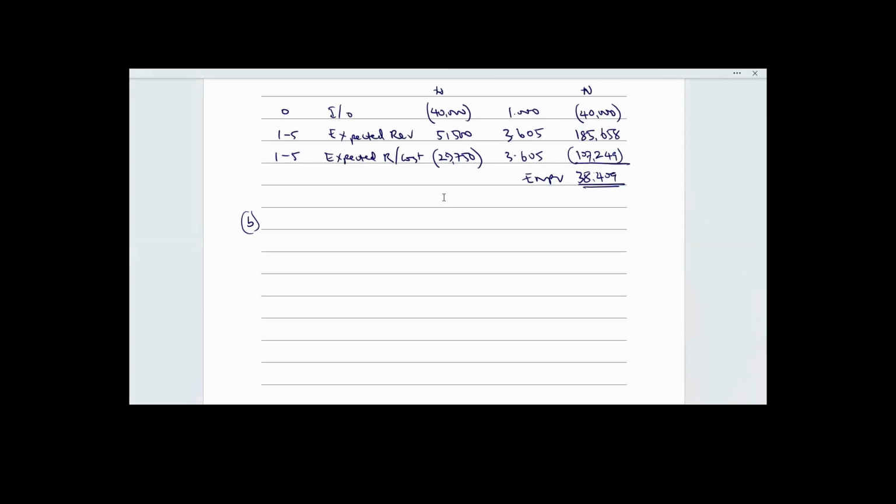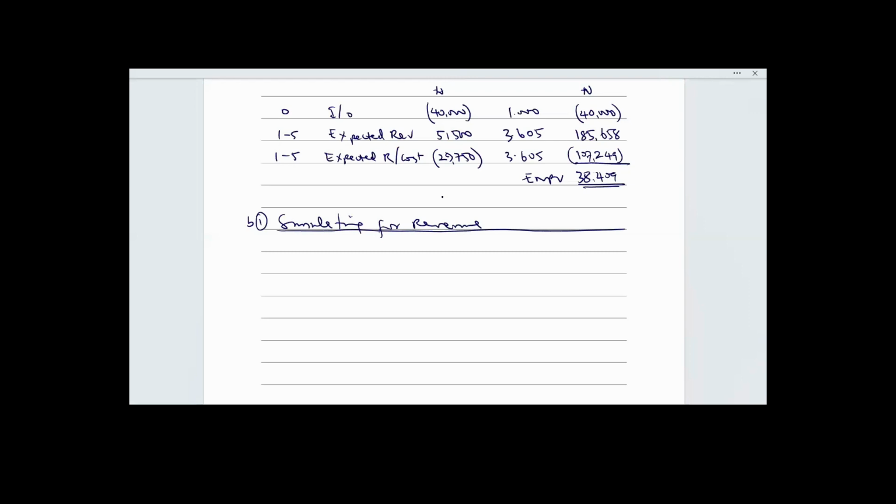Therefore, I will say B1. There are procedures. I need to first simulate for revenue.